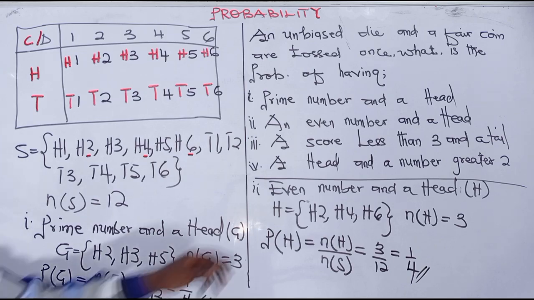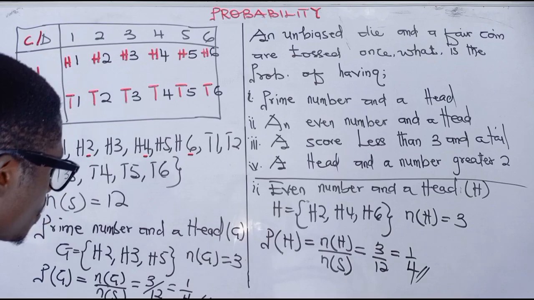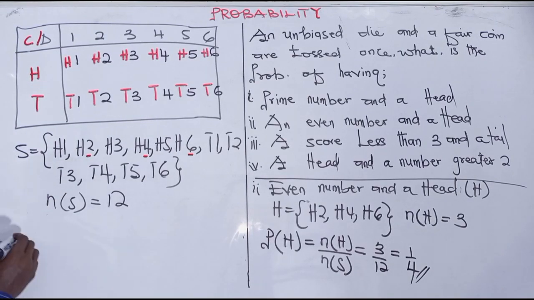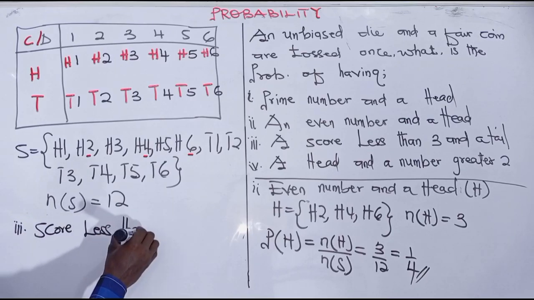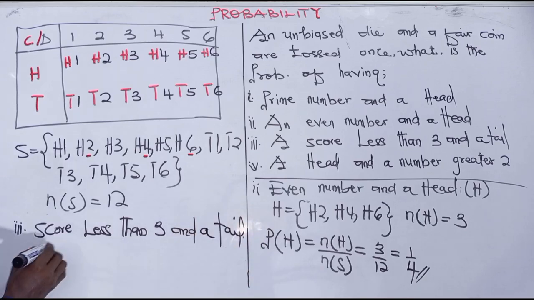Let's look at a score less than 3 and then a tail. So we are going to use the letter Y to denote the events of obtaining a score less than 3 and then a tail.